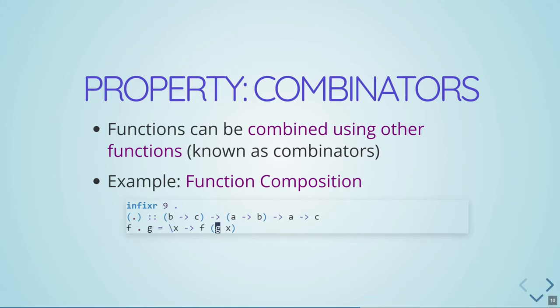So g takes an a and returns a b, and then our first function f here takes that b, so it's going to take the output of this function and return a c, which is what we return in the end. So this way we can compose two functions together.